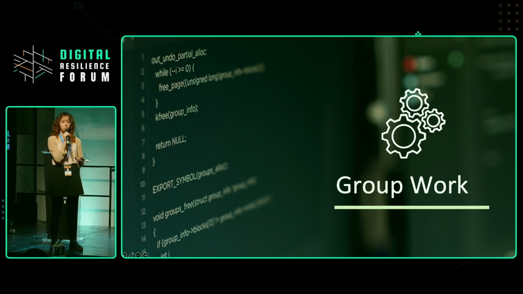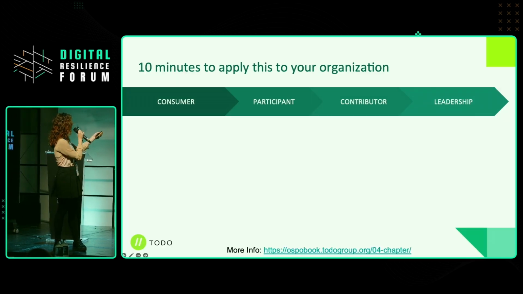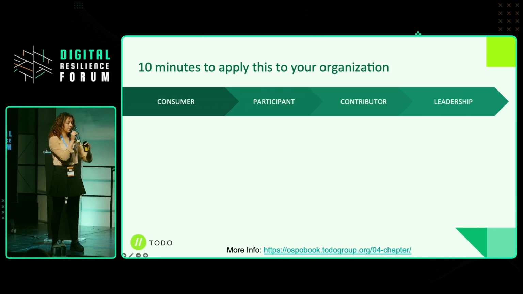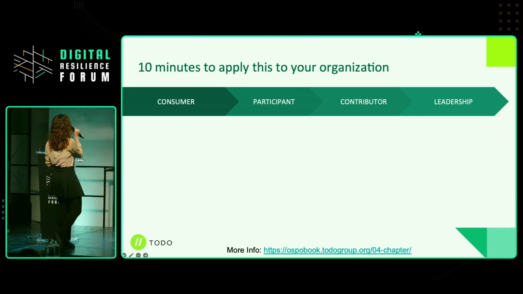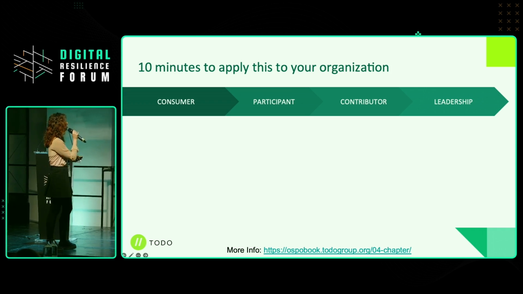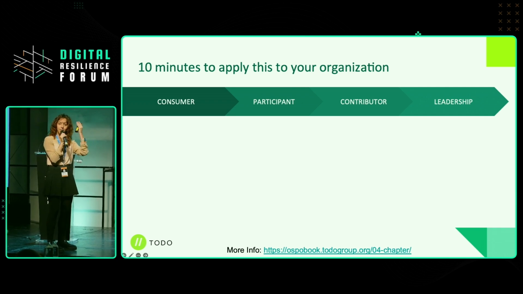So for the group work, we're going to spend roughly 10 minutes, perhaps a little bit less, to save time. And we want you to think about where your organization is in its open source journey first, right? To map where, with the questions that you have been trying to answer before.